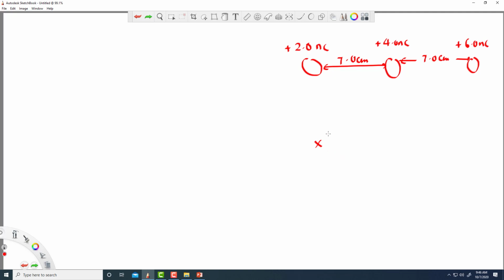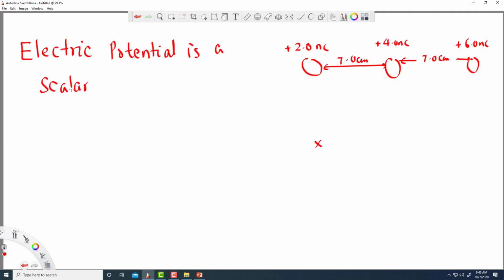So we want to find the potential at that point due to these 3 charges. Just like the electric field calculation, we find the individual potentials. But one very important thing here is that electric potential is a scalar quantity, so we don't need to deal with vectors.